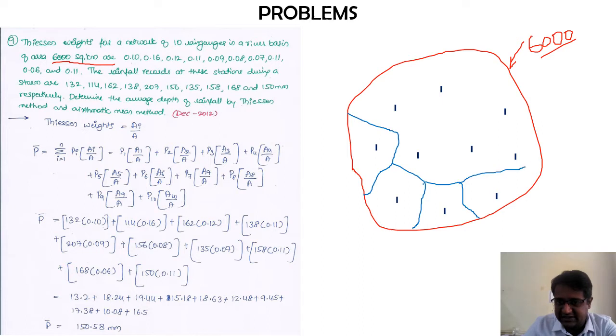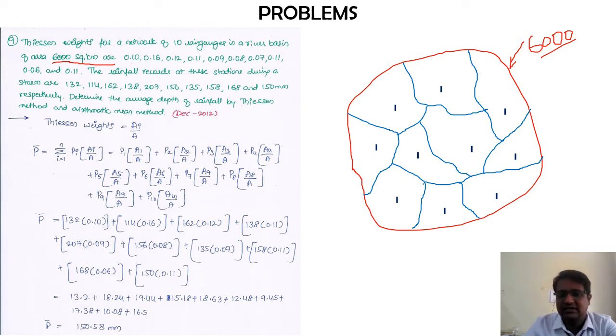Right now I'm randomly drawing the effective areas for all of these. The sections I have just drawn indicate the effective areas for each of these rain gauge stations.